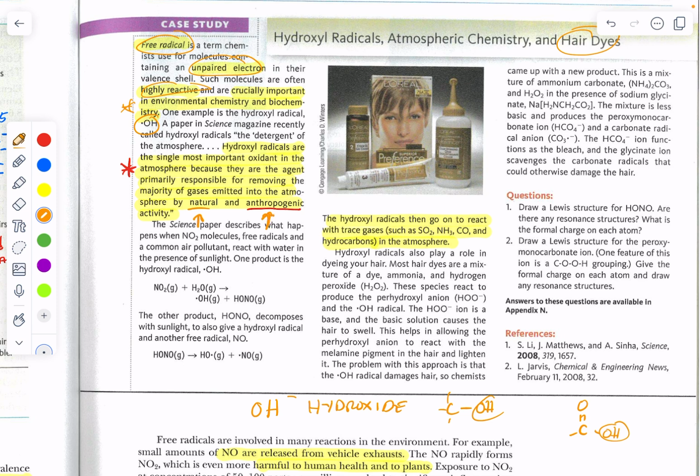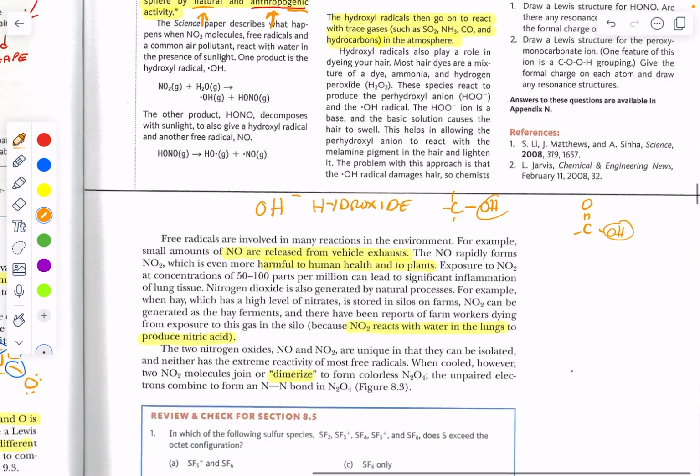Anthro always is another word referring to man. Man-made, man-created. Genic means to create or to make. Man-made compounds. This is a natural cleaning agent in our atmosphere.